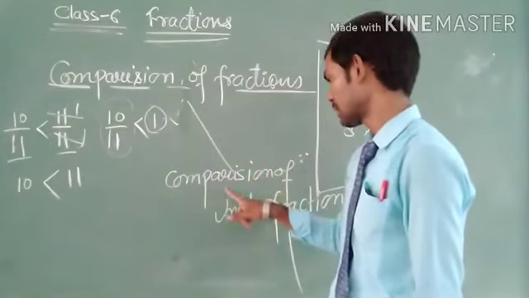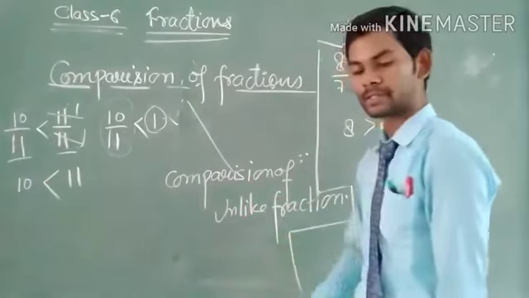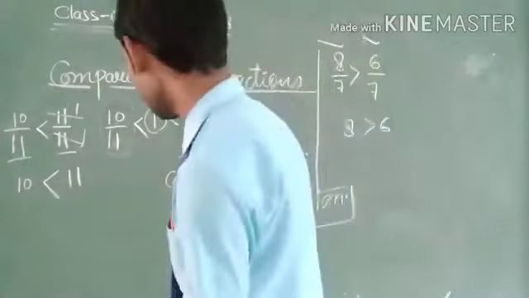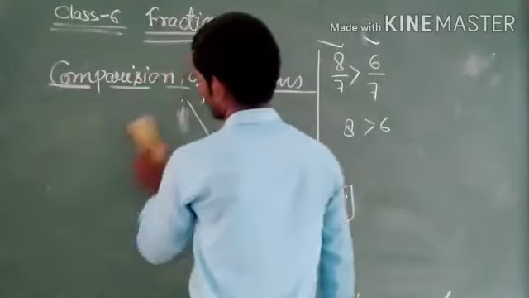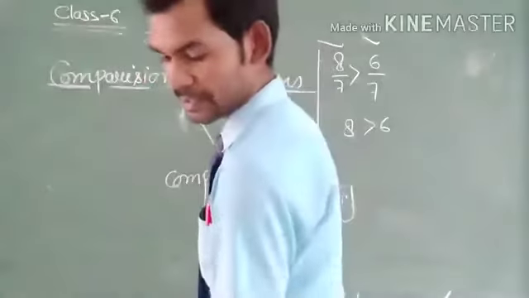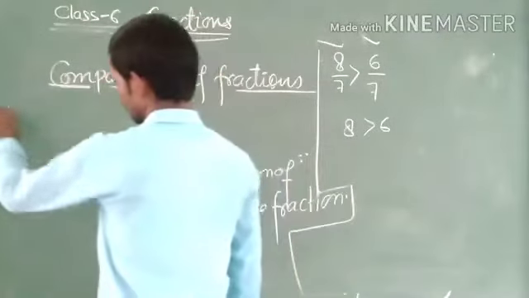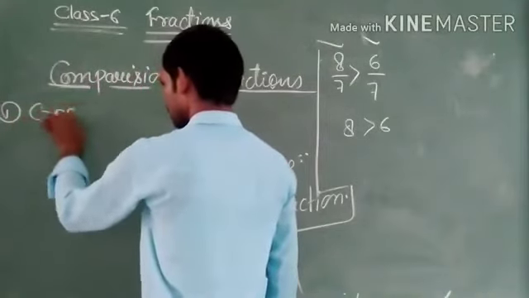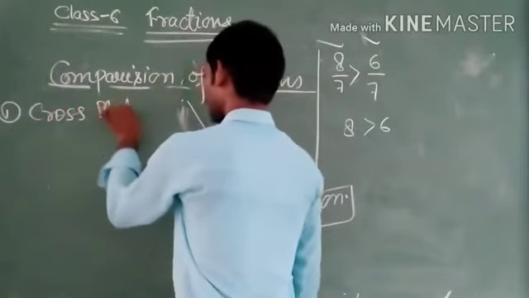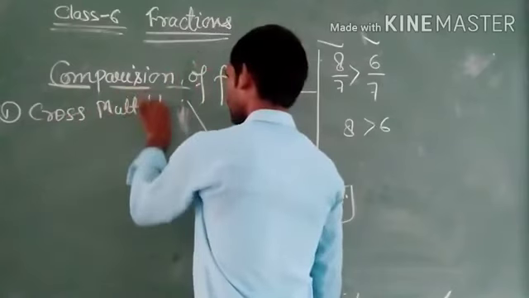Now let us see the next one, comparison of unlike fractions. The comparison of unlike fractions is done by two methods. The first is the cross multiply method.